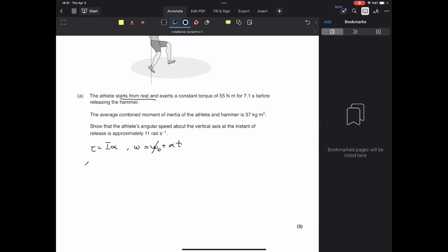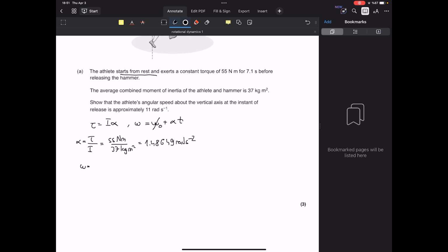So from this, we can find alpha to be tau over I, which is equal to 55 Newton meters divided by 37 kilogram meters squared. Let's see, 55 divided by 37 is equal to 1.48649 radians per second squared.